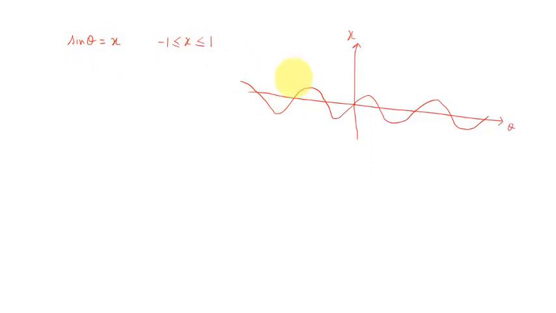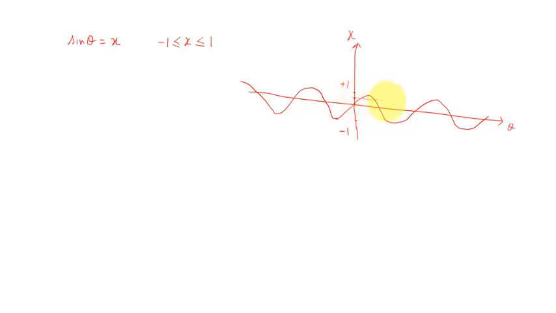So here, if x is any value between +1 and -1, if we assume any value of x between -1 to +1, then what will be the corresponding value of theta? This is a very simple question to answer.